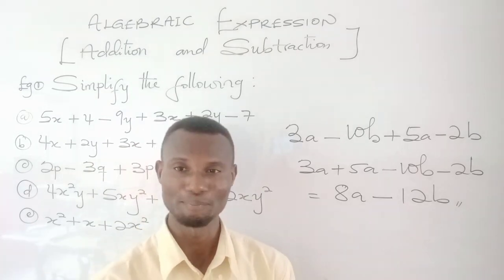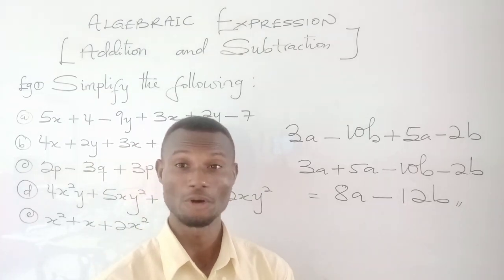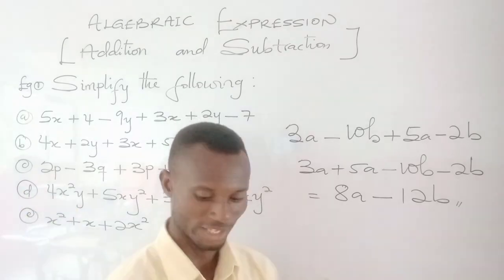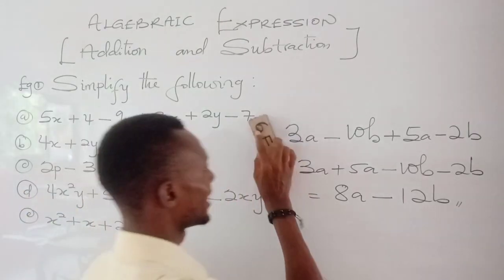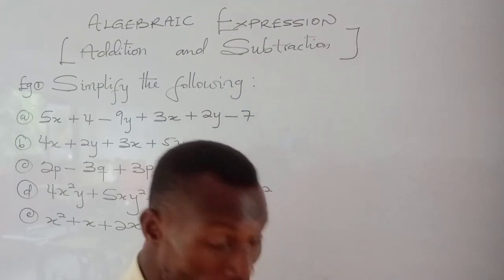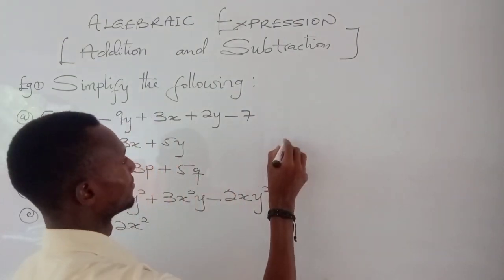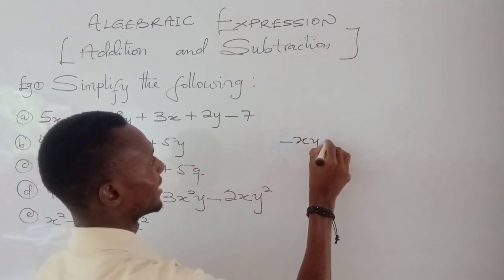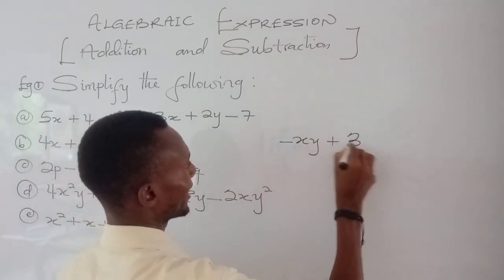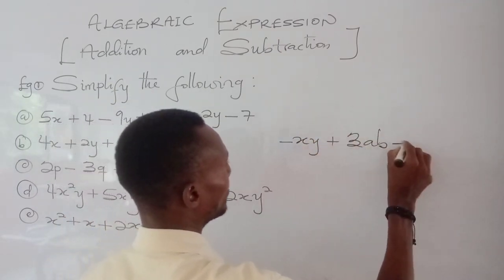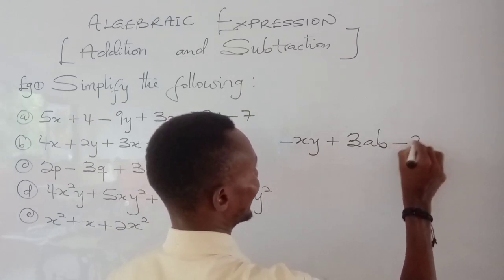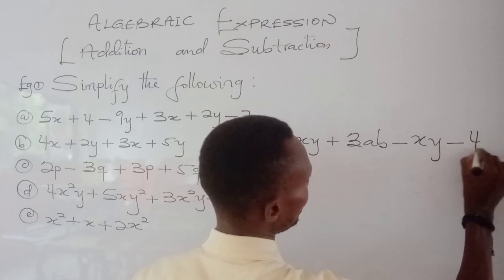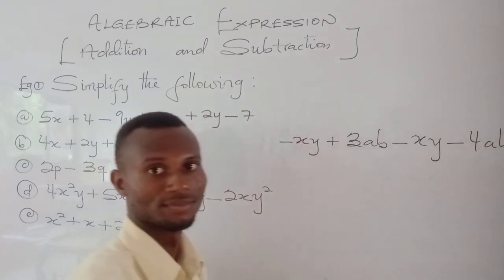Let me clean it and pick the last one before we proceed and handle the ones that I have on the board. So I'm going to clean it so that we can try another example. Let's say I have minus sy plus 3ab minus sy minus 4ab.